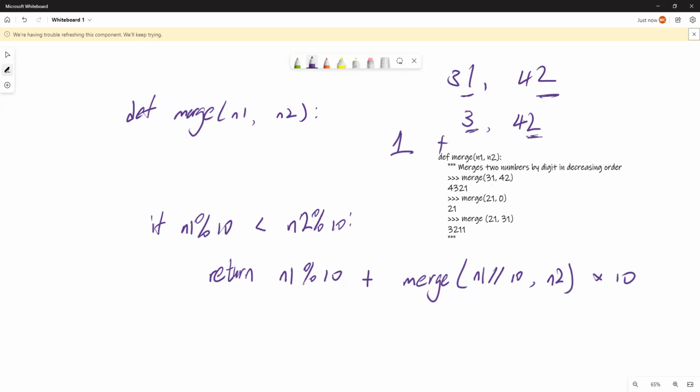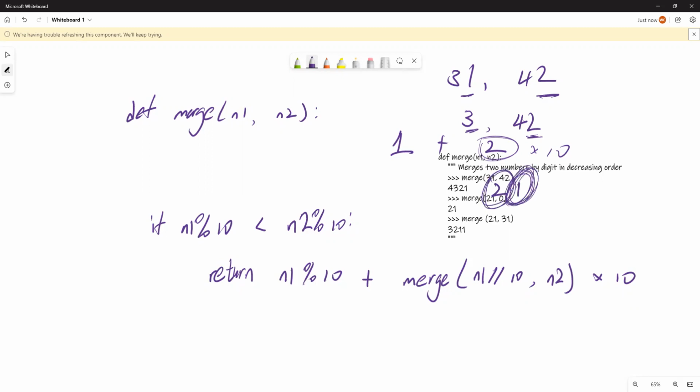Then check the 3 and the 2, the rightmost digits. 2 is the smallest, so we get the 2. But 1 plus 2 doesn't make sense, so we have to multiply by 10. That means we are shifting the digits to the left. 2 times 10 is 20, so 21. That's the first loop, and then the second loop.